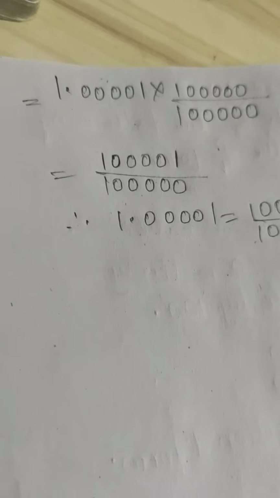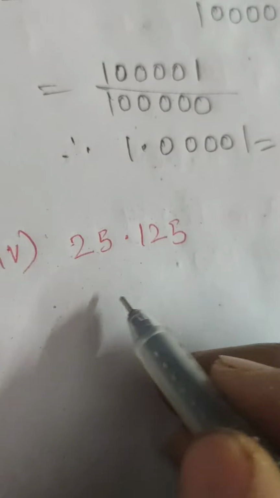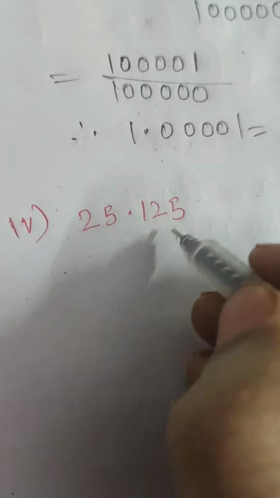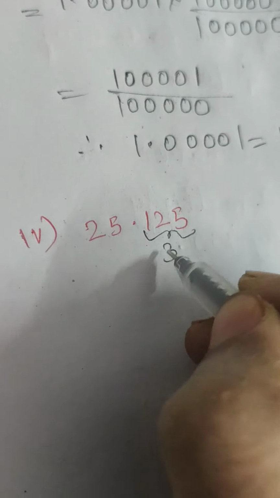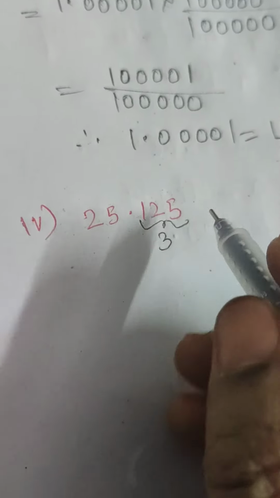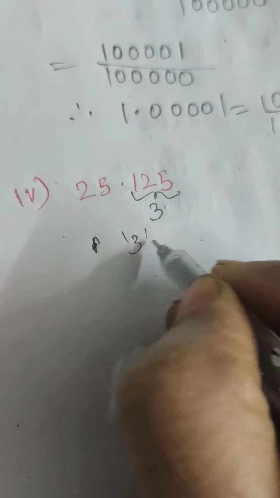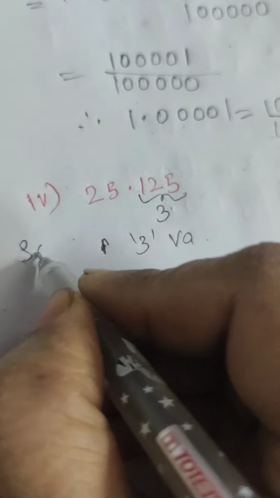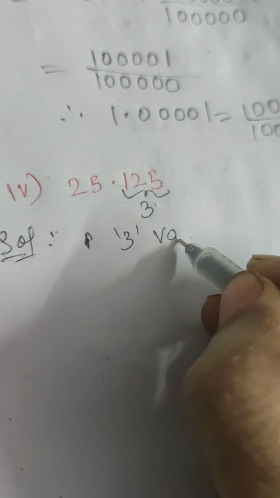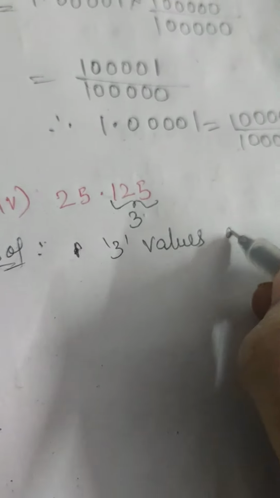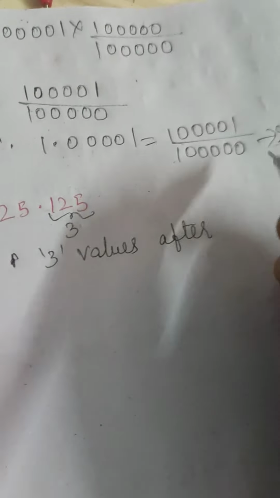Now we will see the next one, Roman number 4, 25.125. Here we have 3 values after the decimal.